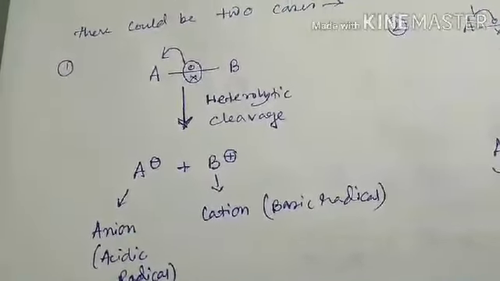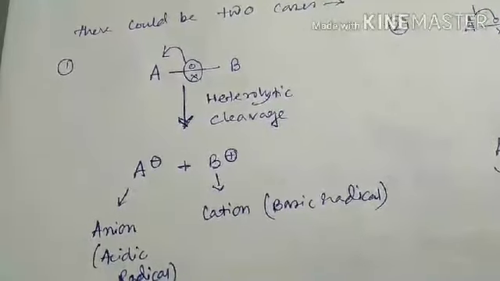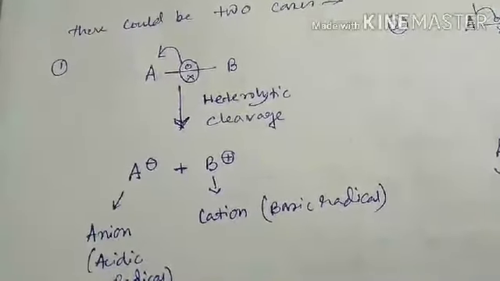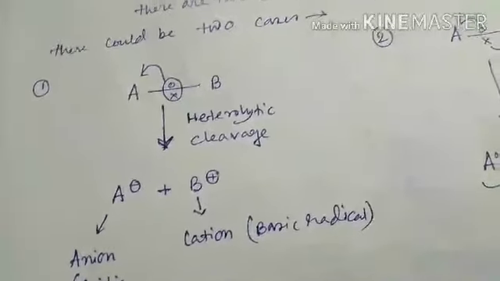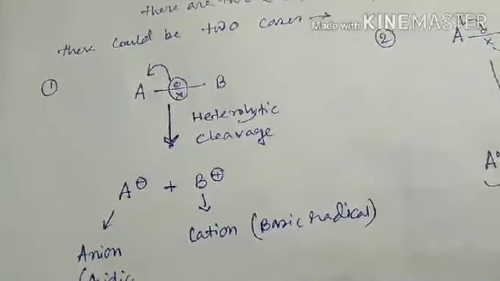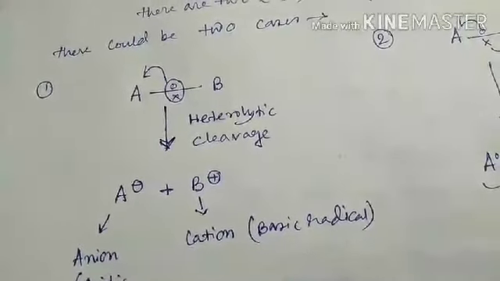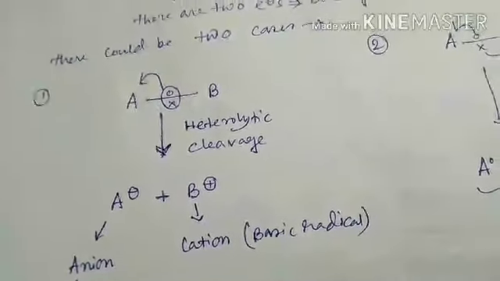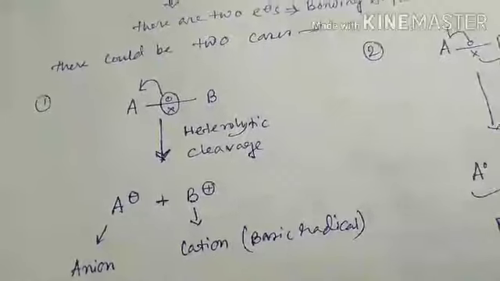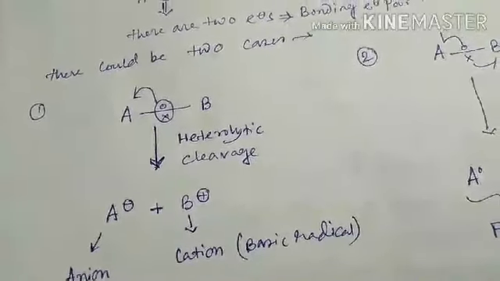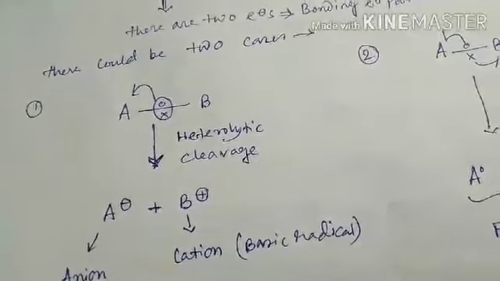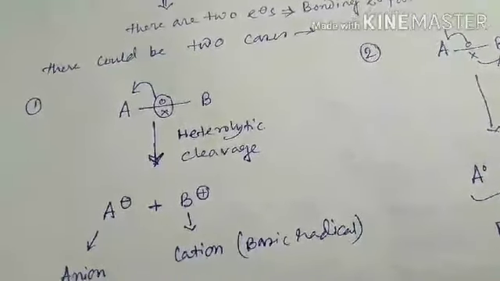Here irregular distribution occurs. There are two electrons, which should be distributed equally, one for A and one for B, but this is not happening here. A takes away both the electrons and B gets nothing.